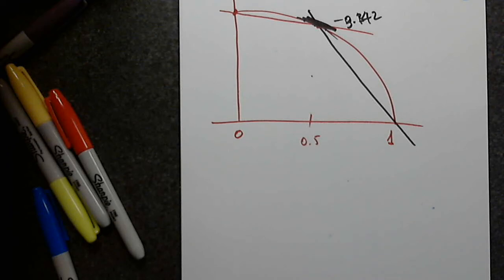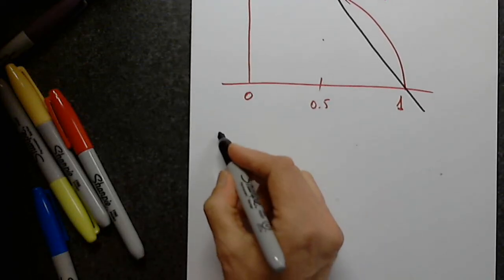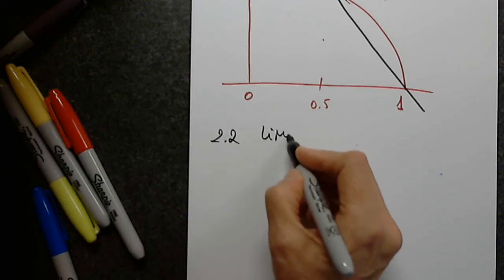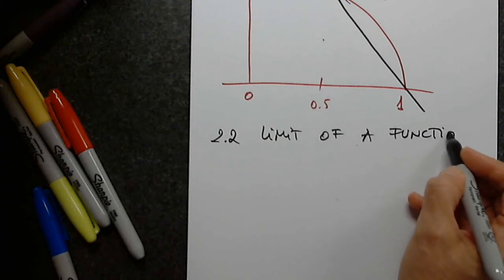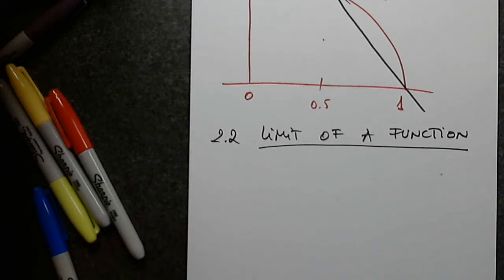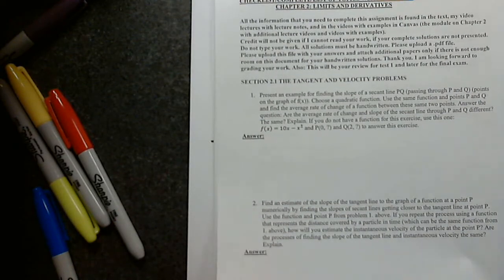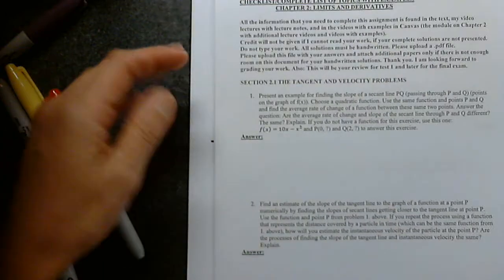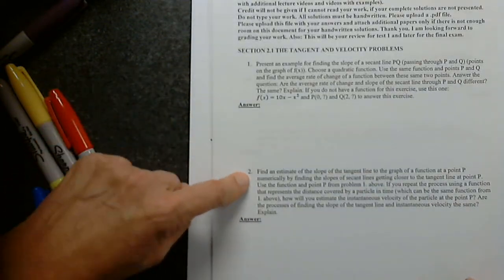I think we're ready to move on to the limit of a function. So now let's discuss what a limit of a function is. So this is 2.2, limit of a function. From our checklist, I highly recommend, as soon as possible, complete part 1, complete part 2, and see if you have questions.